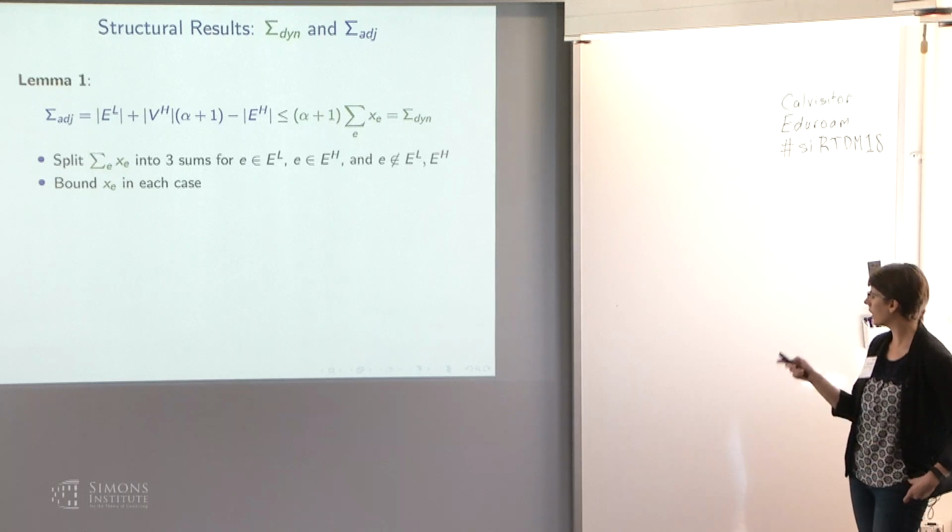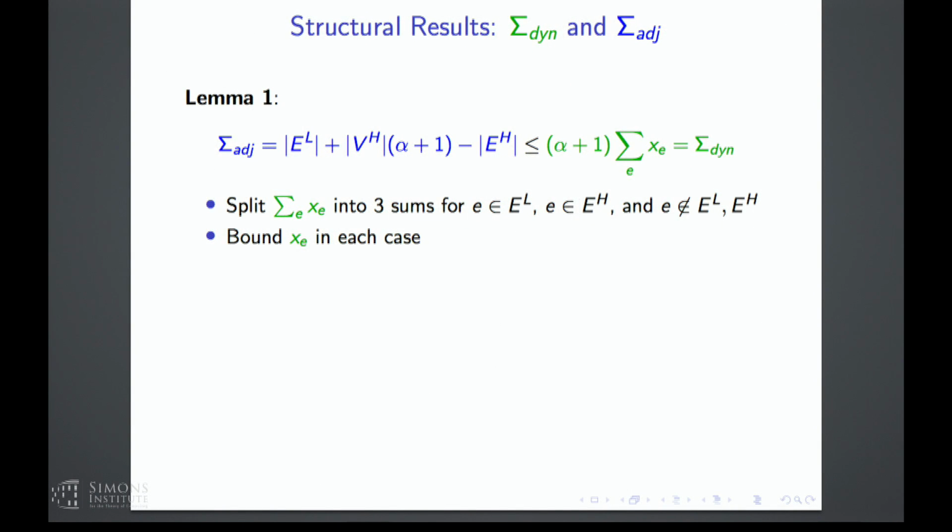So for lemma 1, we want to split this sum into 3, depending on what kind of edge we're dealing with, whether it's light, heavy, or neither. And then for each of those 3 cases, we can bound x sub e separately, and then do some algebra to relate that to the number of light and heavy edges and heavy vertices.